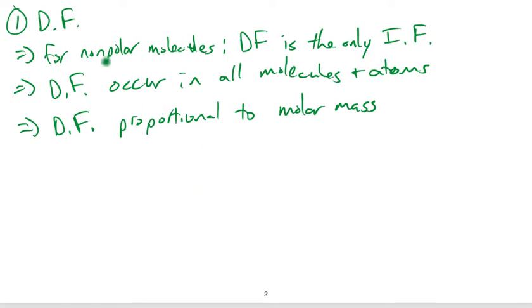Now, along with nonpolar molecules, something we learned about in chapter 10 were polar molecules. This course is not designed to teach you about every little aspect of polar versus nonpolar molecules.